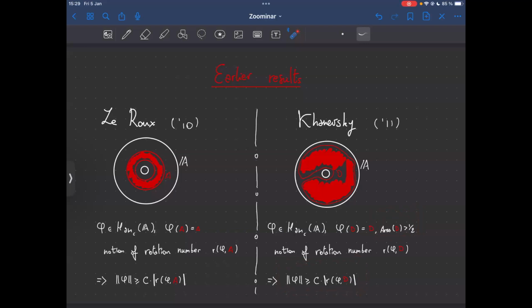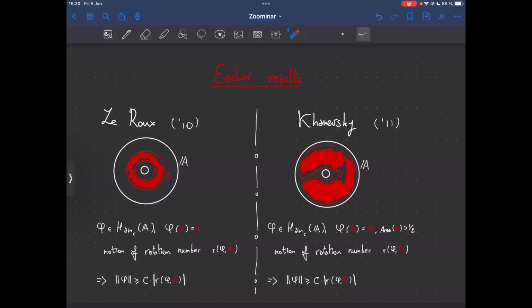I will just explain quickly how my result is a generalization of Kanevsky's in a certain direction. So one can see a Hamiltonian diffeomorphism of the annulus as a Hamiltonian diffeomorphism of the disk, which fixes the inner disk throughout any isotopy going to that diffeomorphism.